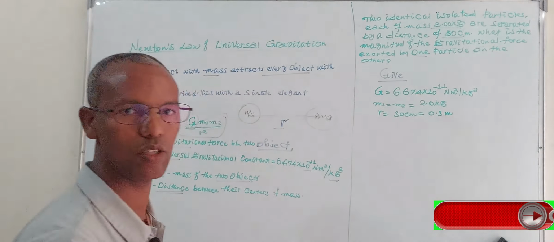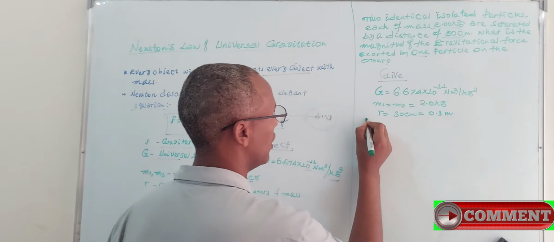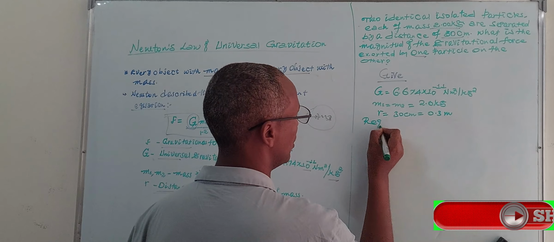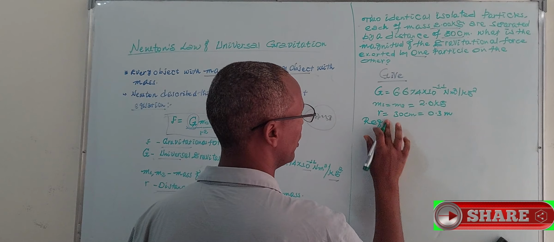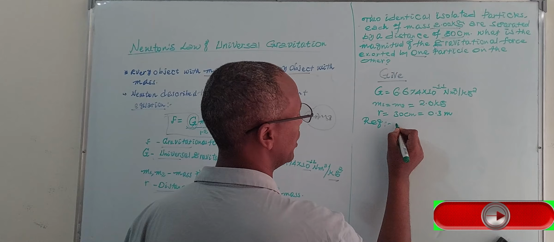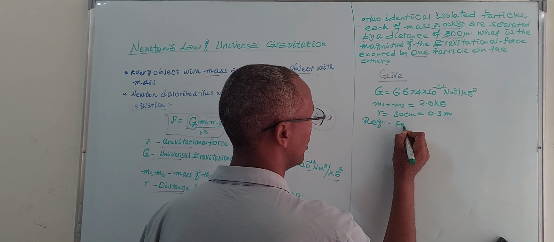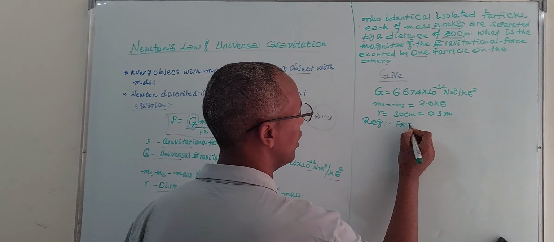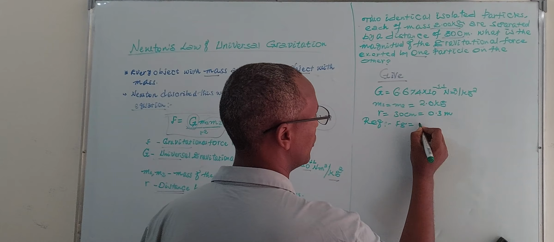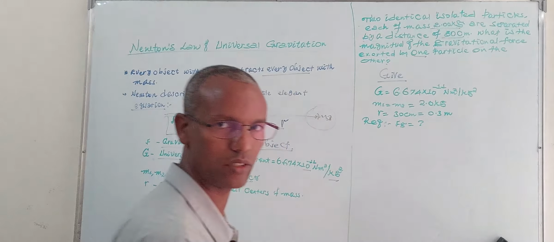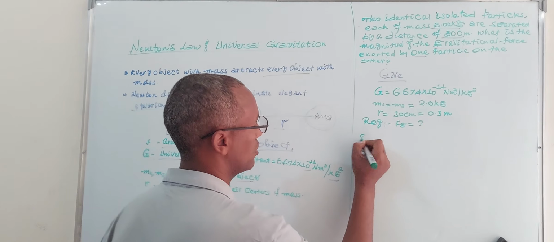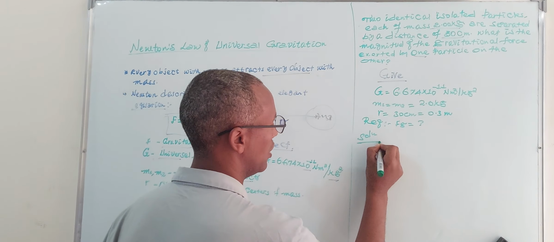Those are the given parameters, and the required term is the universal gravitational force, or the magnitude of the gravitational force, which is equal to question mark.